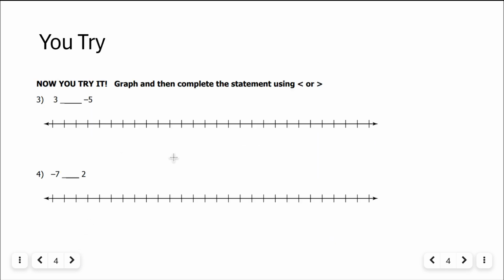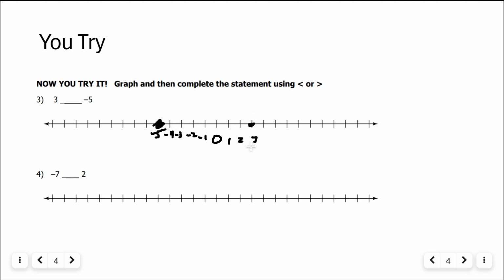Okay. So we're going to graph and complete the statement. We're going to compare 3 with -5. Here we go. 0, 1, 2, 3. And then we have -1, -2, -3, -4, -5. So we're comparing this number and this number.